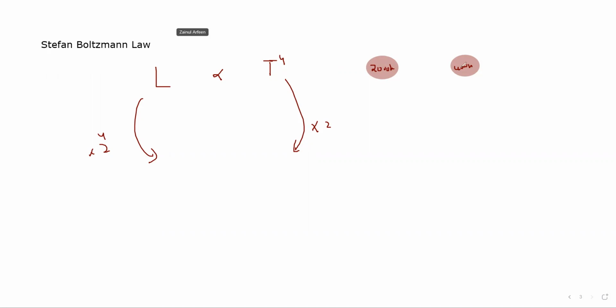But another thing is there. For example, if you have two objects at the same temperature, say object A is at 2000 Kelvin and object B is also 2000 Kelvin, but they have different sizes, then according to this Stefan-Boltzmann formula they should give the same luminosity, but practically they give different power.